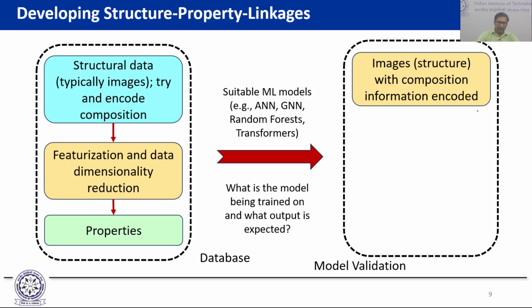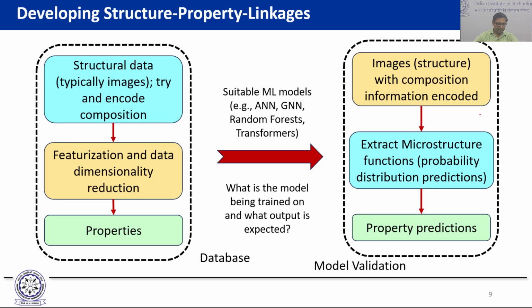For the validation part, what you have to understand is we are going to start with the image, or the structure. We will feed the structure to our model, and then that structure needs to get featureized properly. So you have to extract the microstructure functions and the probability distribution functions, and from there you will have to predict the property.